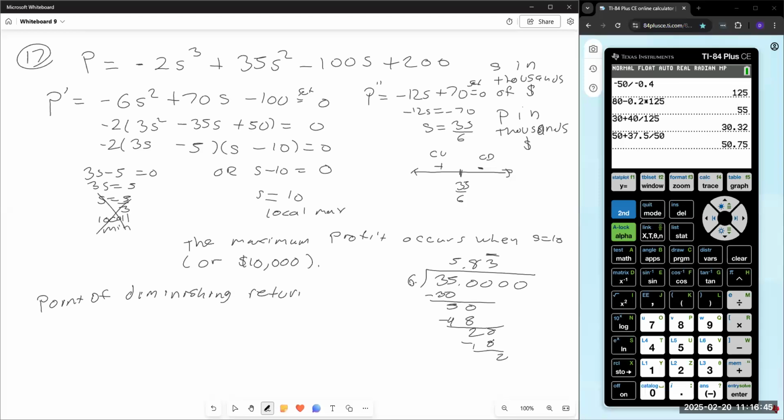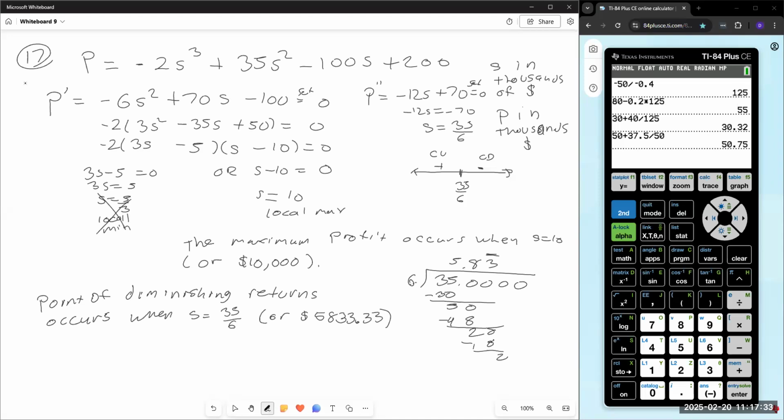So my point of diminishing returns, which is the point of inflection on the graph, occurs when S equals 35/6, or approximately $5,833.33. 35/6 times 1,000 would be more exact.